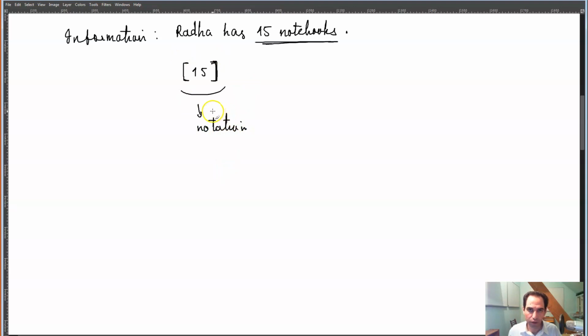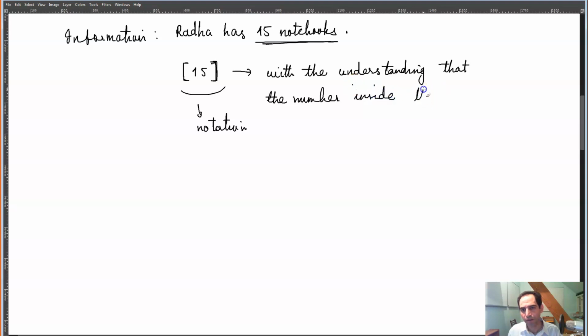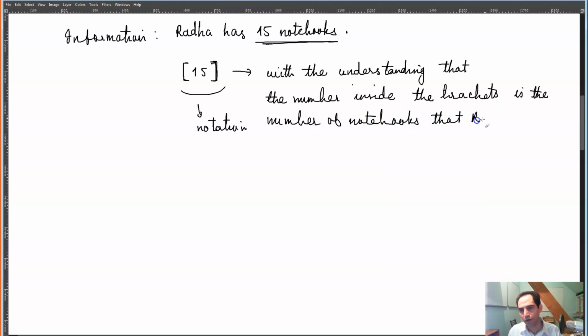And again, with any notation there is an understanding linked: I'm using this notation with the understanding that the number inside the brackets is the number of notebooks that Radha has.